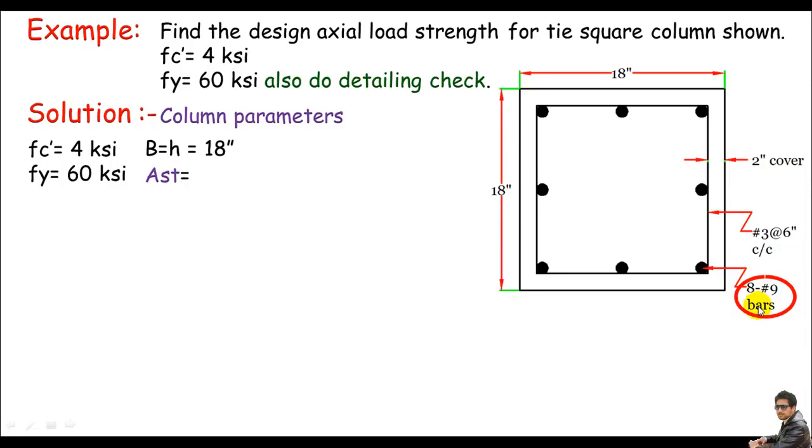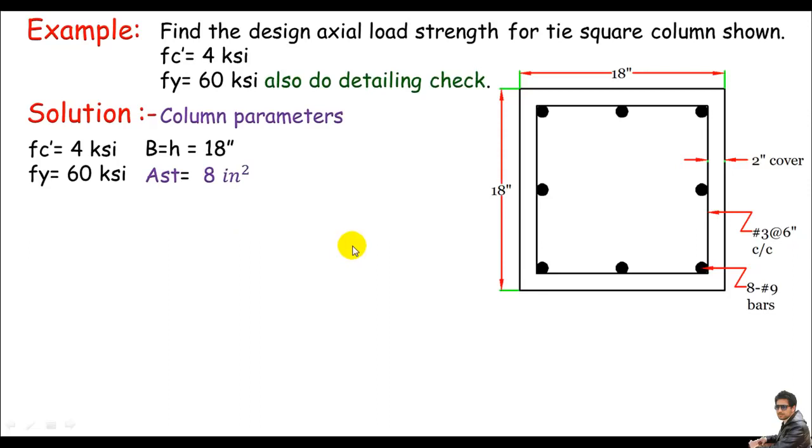And the area of a number 9 bar is 0.99 something square inches, which can be calculated using the area of a circle, pi r squared, since the bar is a circular bar. So plugging in, you get 0.99 something square inches for 1 bar, and we have 8. And 0.99 is of course roughly equal to 1 square inch. This is quite simple. So I can say we have Ast equals 8 square inches.